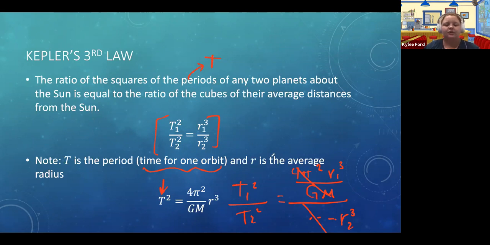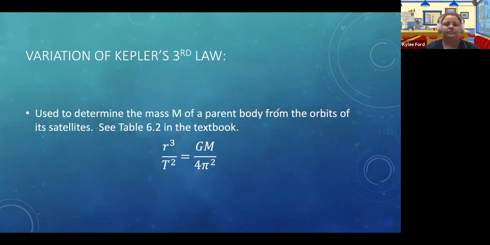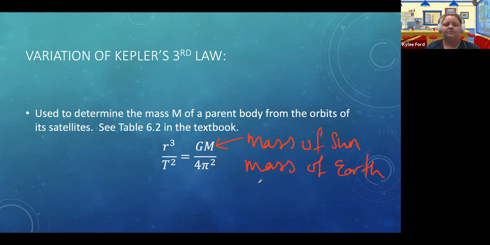And I wanted to leave you with another way of looking at this formula here. And that is when we want to determine something like the mass of that parent body. So like if we wanted to know the mass of the sun, for instance, or the mass of Earth, given something, it'd be something like that.